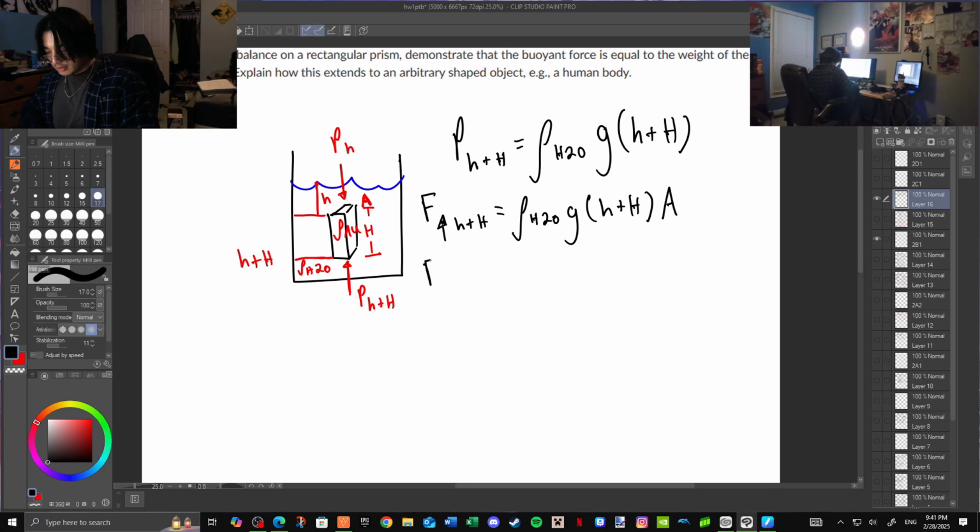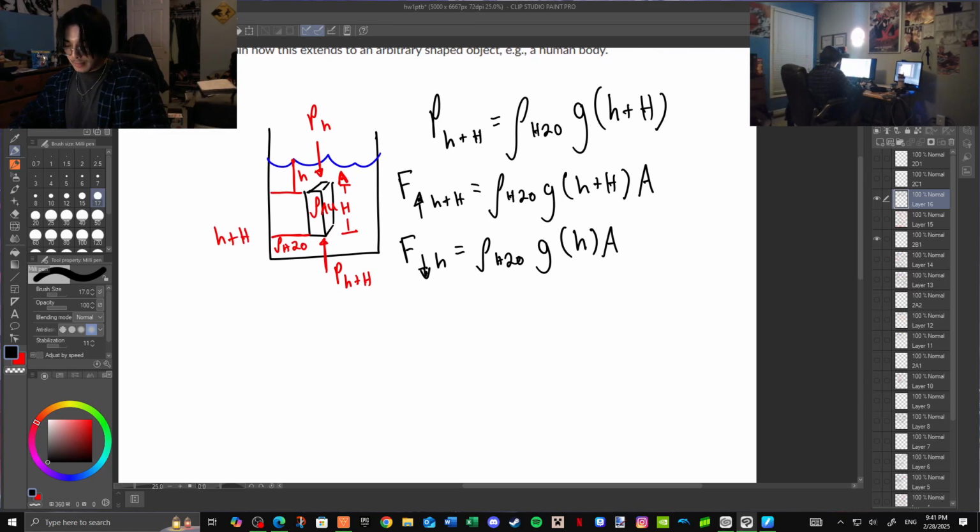Now we need to find the equation for the downwards force acting on the figure. That downwards force is at a depth of little h. And so same thing: density of the fluid, because the fluid is pushing against the figure, times acceleration due to gravity, and since it's at a height of little h, the height in this case will be little h, times the cross-sectional area.